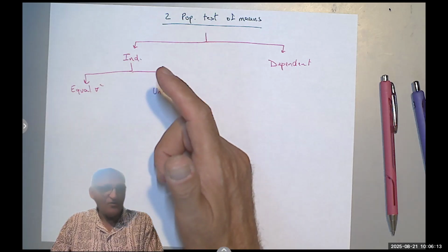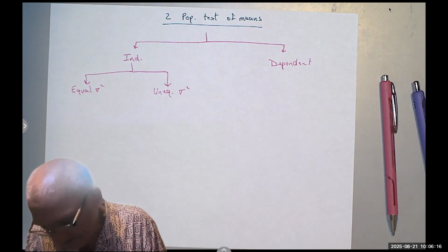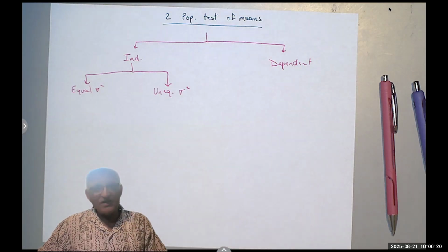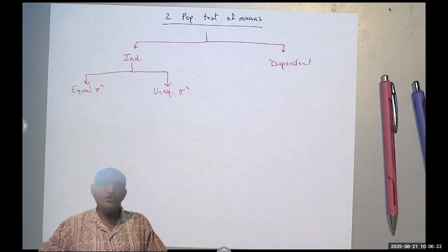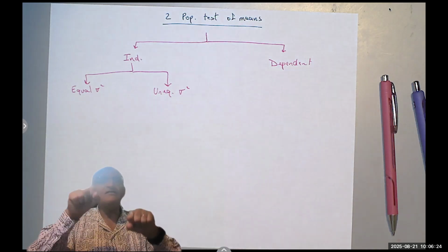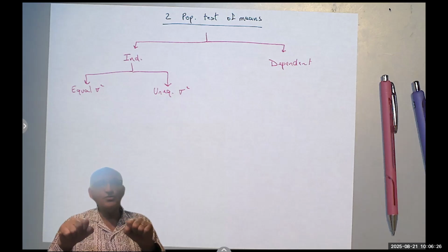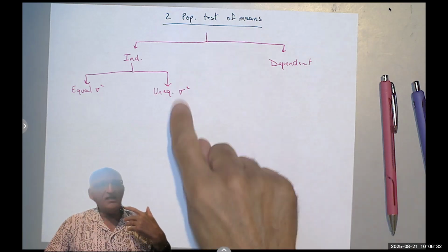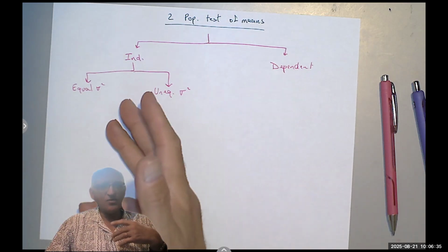I mean, why would you do that, as we said? Some statisticians would say, run an F test. That's something we are going to learn later to compare the variance of these two populations. And if you reject, use the unequal. If you fail to reject, use the equal.